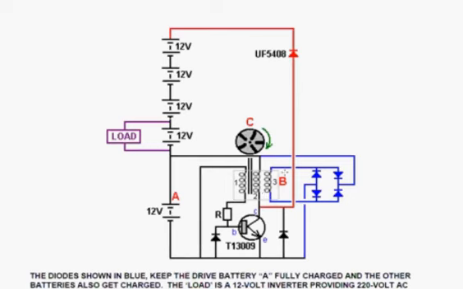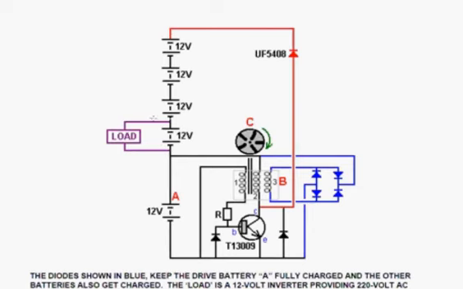Now that output from coil number 3 is rectified and fed back to the drive battery here, which is one of his resuscitated batteries. But also from the collector is taken off a UF5408 diode, which feeds a stack of 4 batteries which are being charged.